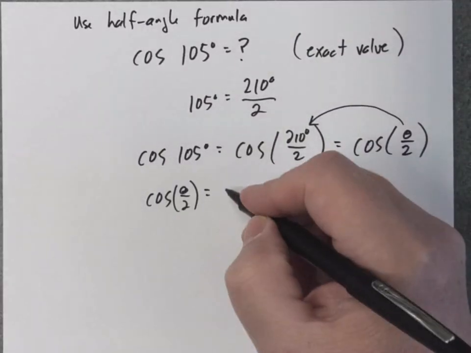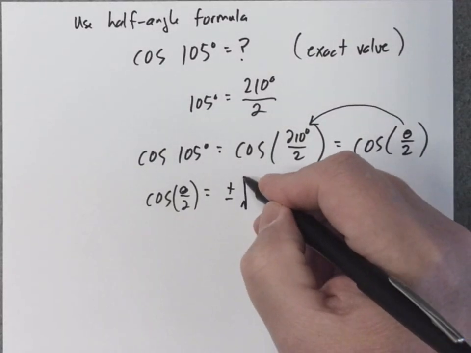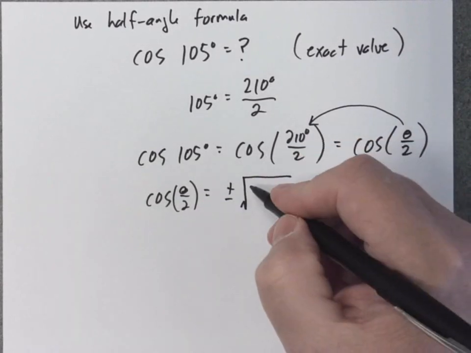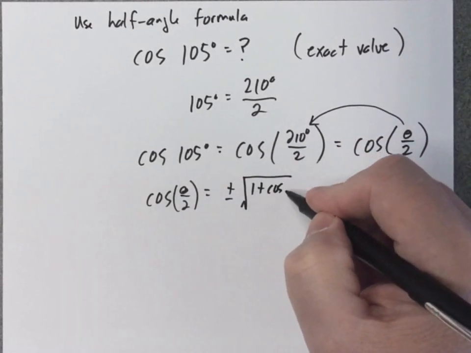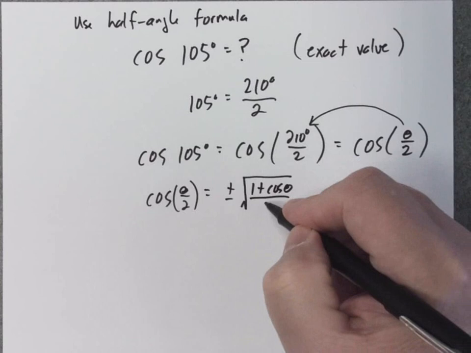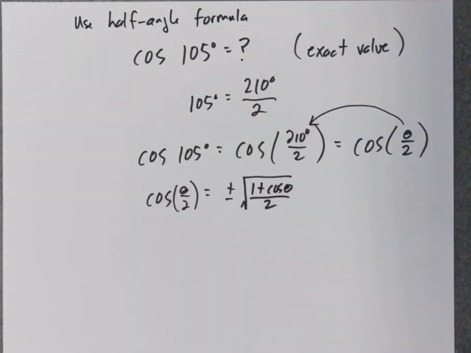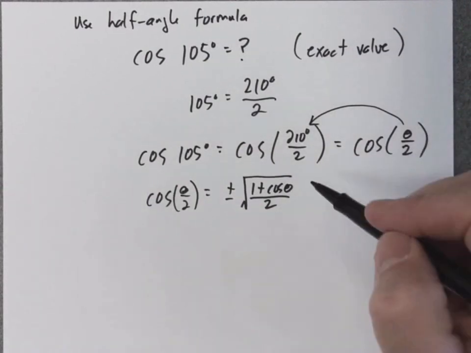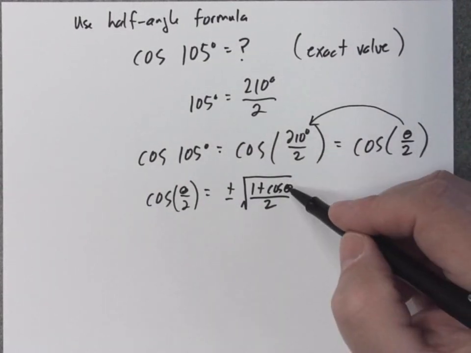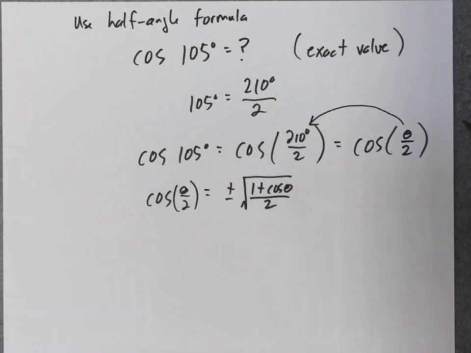I'll just write it down. Plus or minus the square root of 1 plus cosine of theta over 2, where theta now is 210. So in a minute, I'm going to plug in 210 here for theta, and then I can do this calculation.